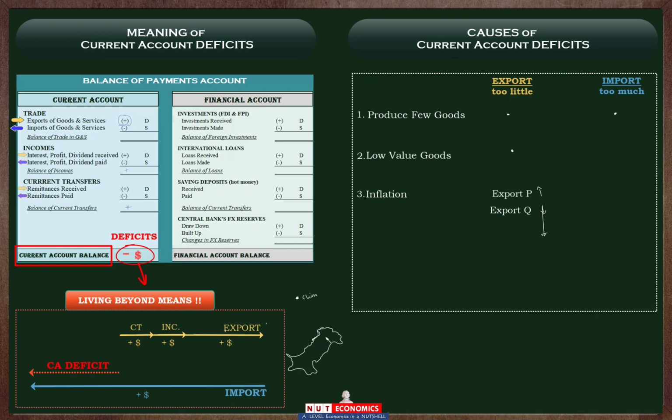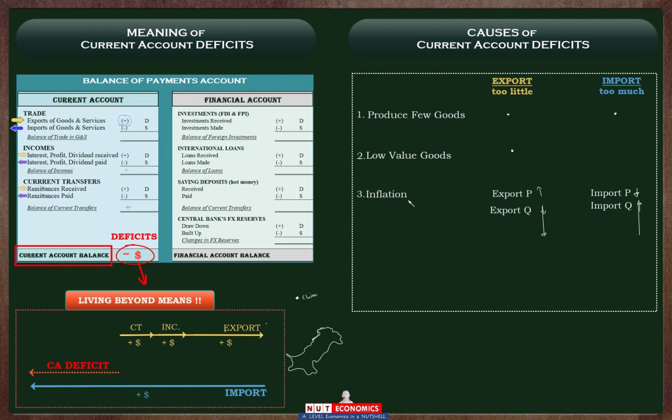So if there is inflation, your imports become relatively cheaper. It becomes cheaper to buy that thing from some other country. So your import quantity will increase. Again, if your import demand is elastic, you will start buying a lot more imports, and therefore the total import spending will increase. Your country will go into a current account deficit.